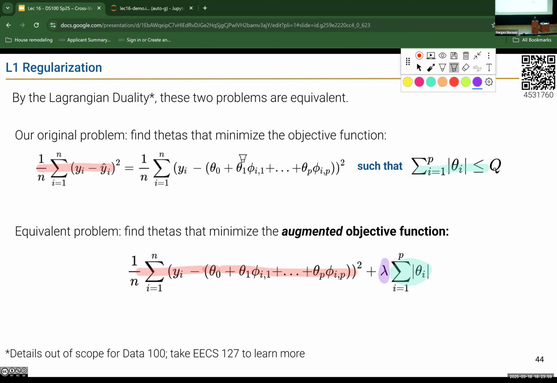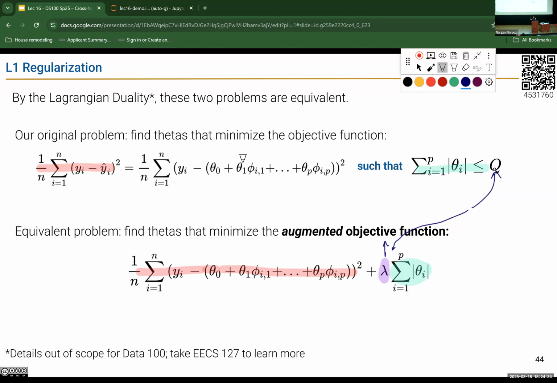It is a hyperparameter because it has some relationship with the Q. So when Q is small and the model is so constrained, what does that mean? That means we really want to penalize the model if it picks a large parameter. So in that case, we will pick a very large value for lambda, so that, looking at these two terms balancing each other to figure out the collection of parameters for the model, it's going to heavily penalize the model if it picks a large parameter.